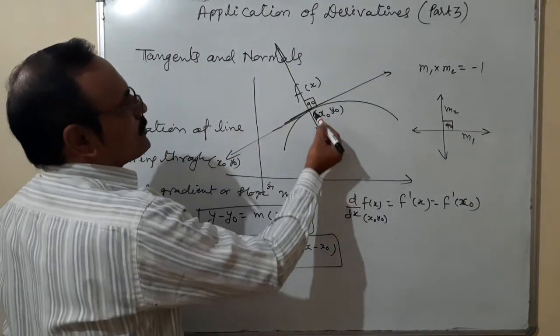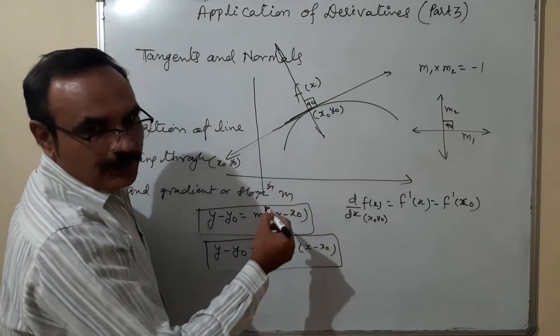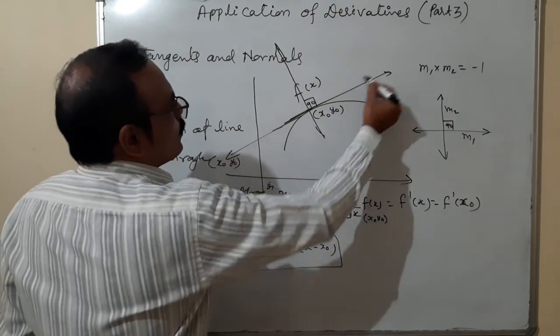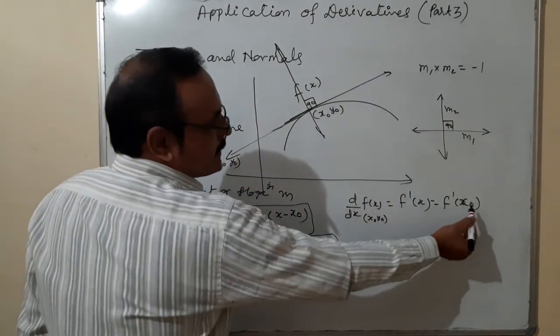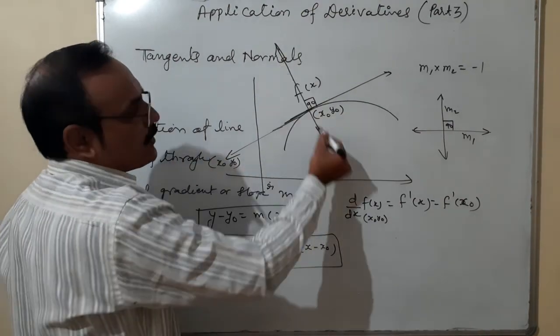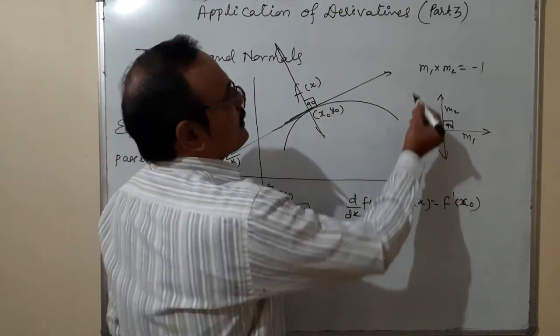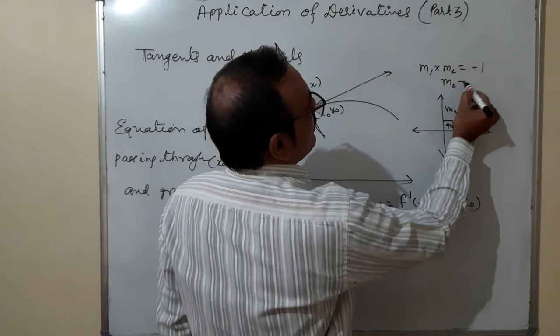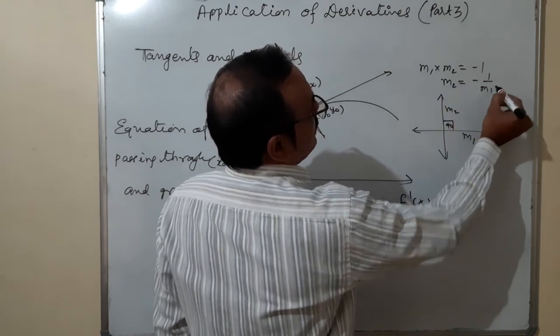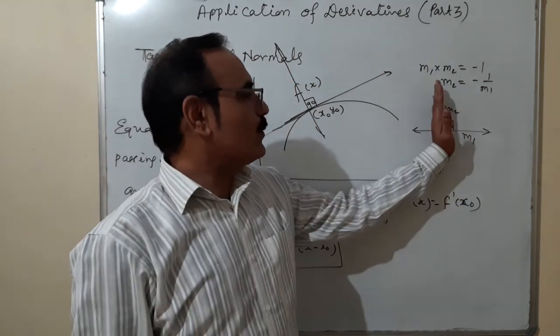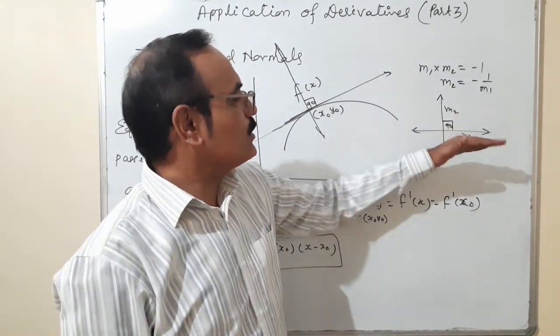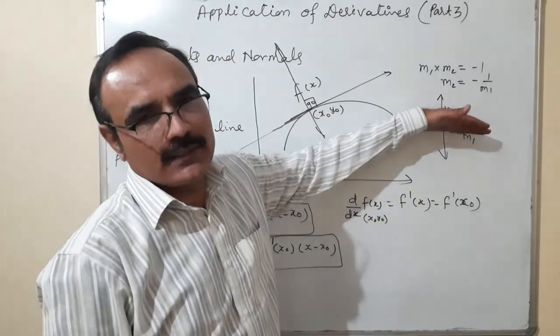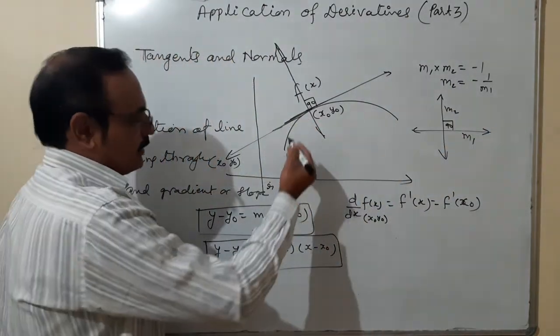This is the normal. It is also passing through the point x0, y0. The slope of the tangent is f dash x0. When we are finding m2, m2 is equal to minus 1 upon m1. That means the slope of this line is minus 1 upon the slope of the tangent.